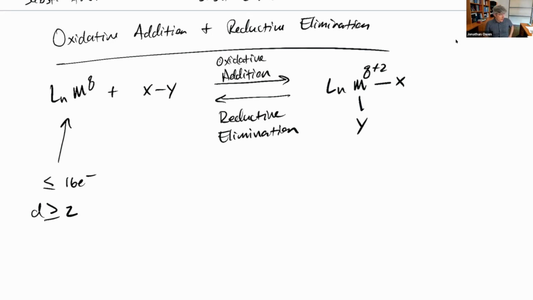And you have to have more than 2 d electrons. So it's pretty classic for square planar d8 compounds or d10. And XY is often hydrogen or sometimes a CH bond, often XH bonds or RX bonds, where X is halide or halogens.